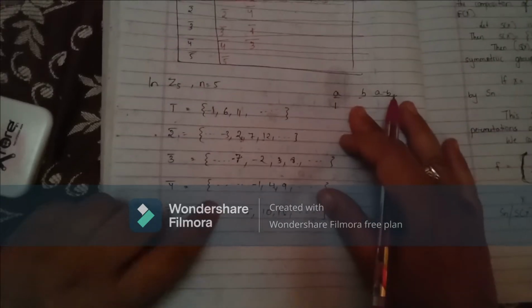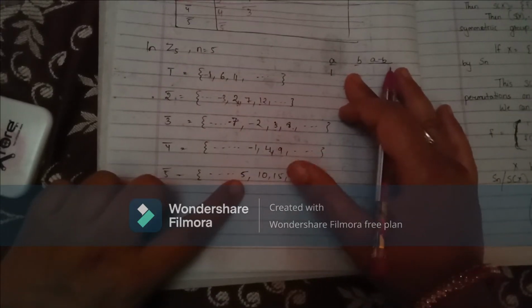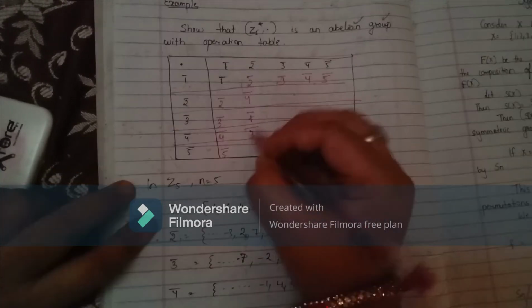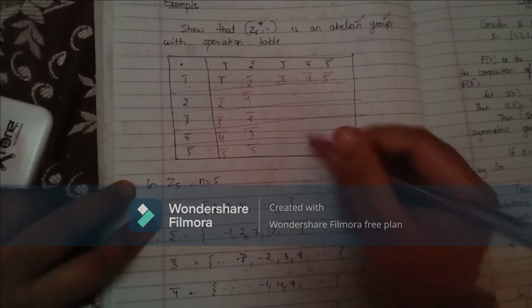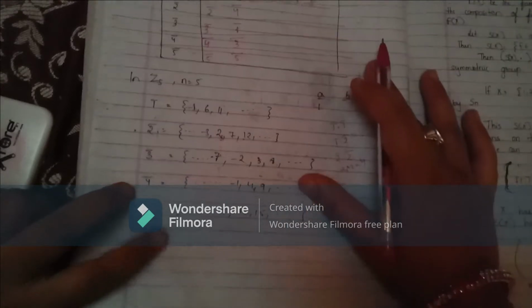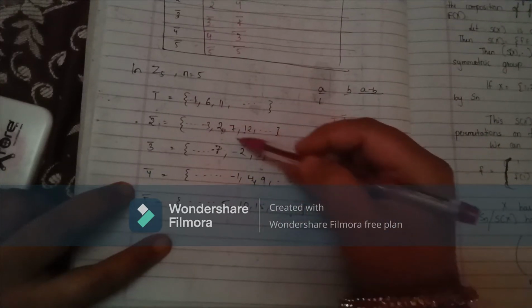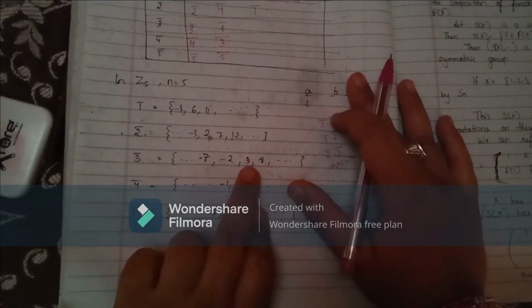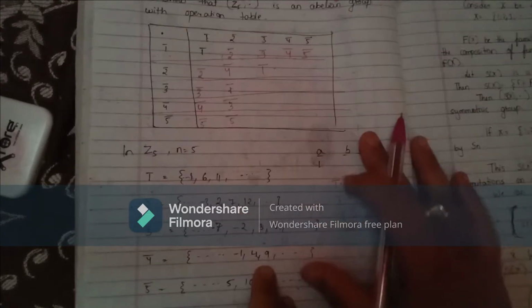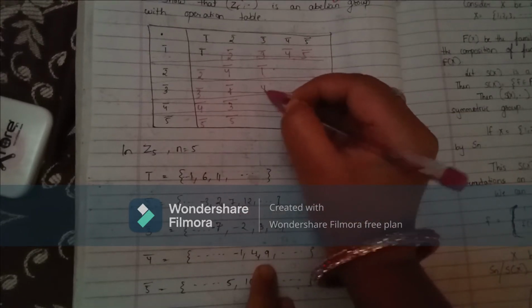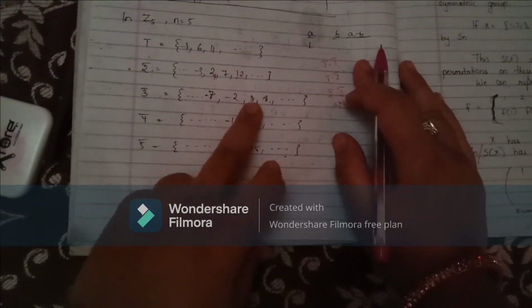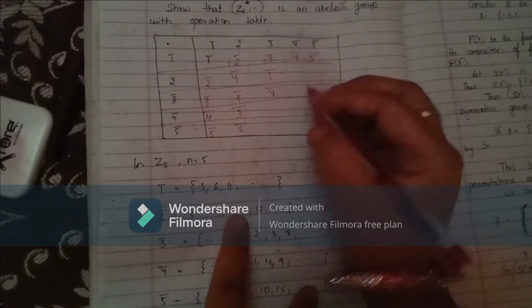Now from 2 and 5, 5 twos are 10 and 10 comes in the 5 equivalent class, so it will be 5. Okay, now 3 multiply 2, so again you can check, 2 threes are 6, 6 comes in 1. 3 multiply 3, 3 threes are 9 and 9 is in 4. So 3 multiply 3 will give us 4 equivalent class. Then 4 multiply 3, 4 threes are 12 and 12 is in 2.